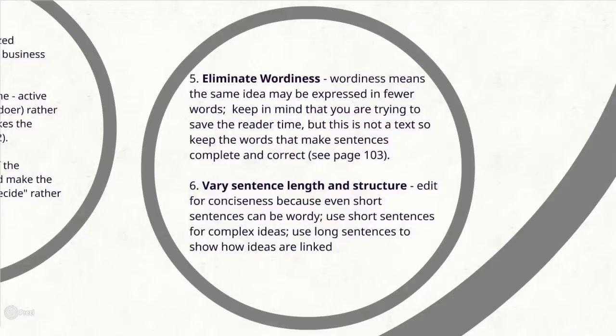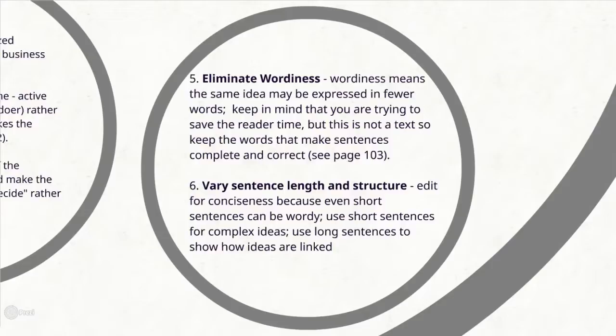You also want to think about some of the rules that maybe carry over from our academic writing experience. So this brings us to the sixth sort of recommendation here, which is to vary sentence length and structure. In any style of writing, this is going to create sort of texture, create meaning, and add interest to your writing. But with professional writing, the general rule is to use short sentences for complex ideas.